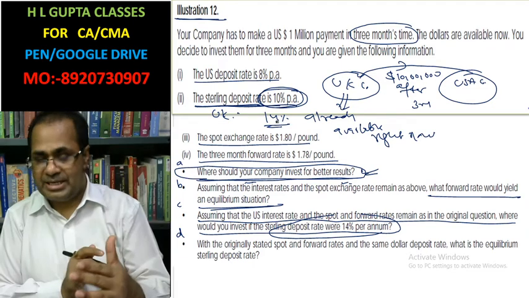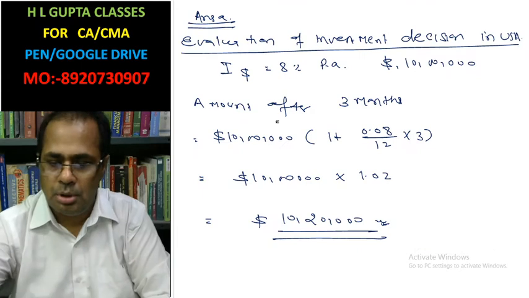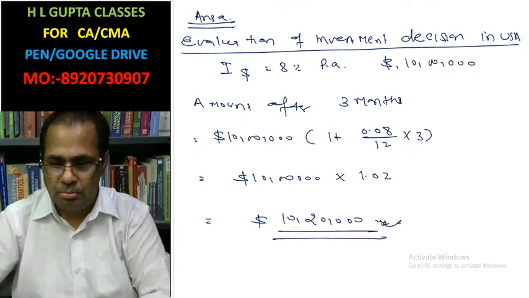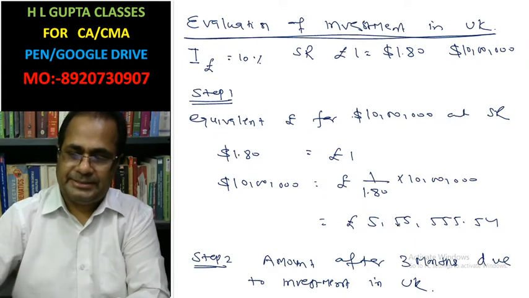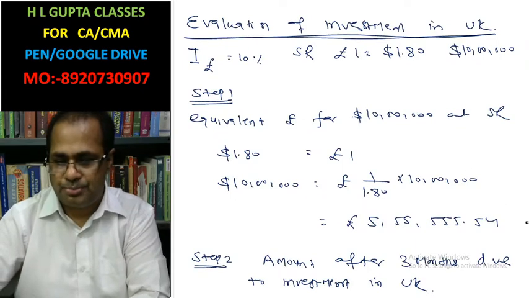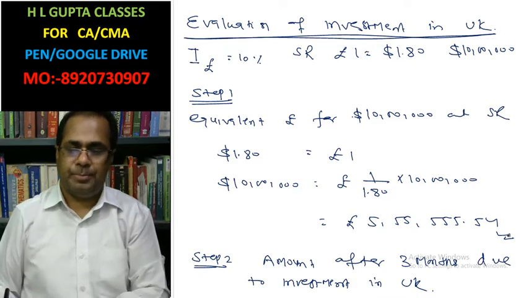The same way you have to do. The first step you have already done, you don't need to do it again. You have converted it because the spot rate remains the same.